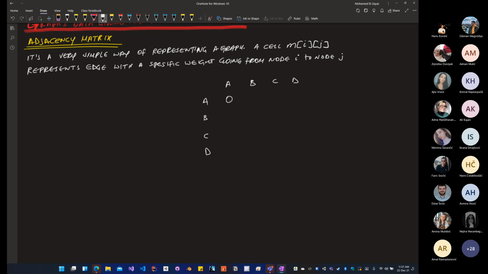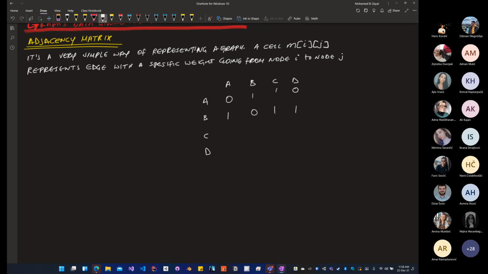No. What you could do is have zeros and ones, which means you have a vertex connected to another vertex, and all edges have a weight of 1, which means it's like undirected.